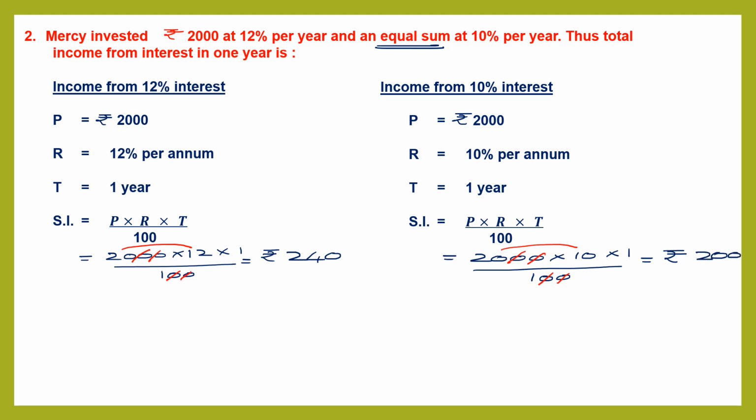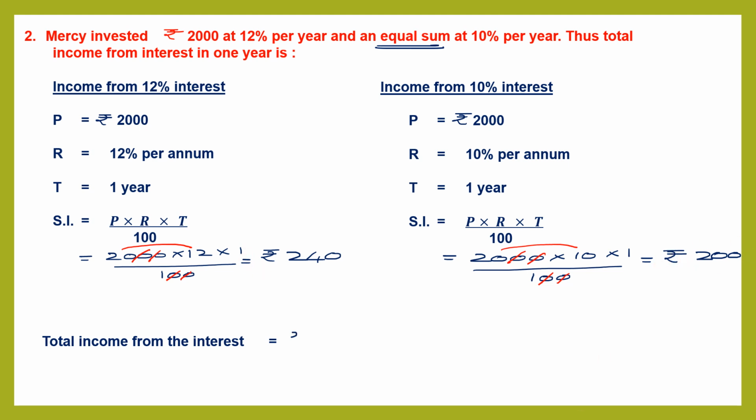Now the question is the total income. We found the income from 12% interest. We found the income from 10% interest. Now we have to find the total interest. So total income will be this interest plus this interest.